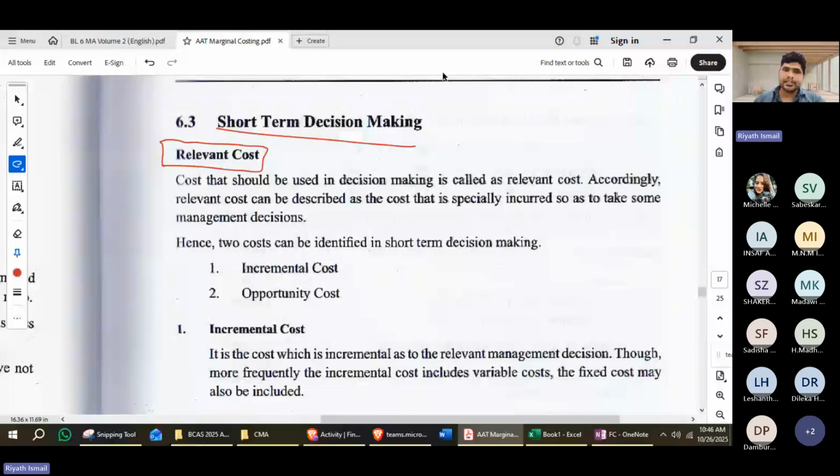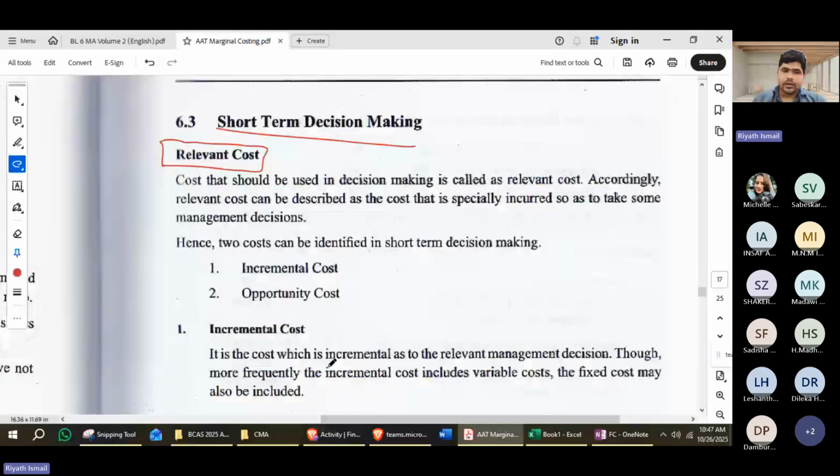Some costs are not relevant, some costs are relevant, right? So it's very important to know what the relevant costs are. The cost that should be used in decision making is called relevant cost.